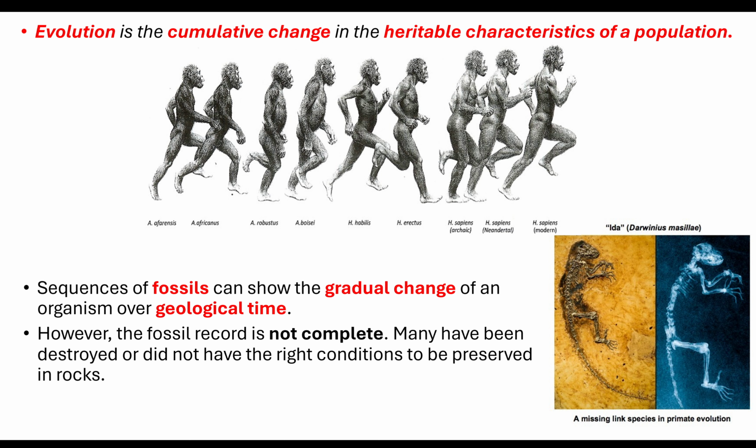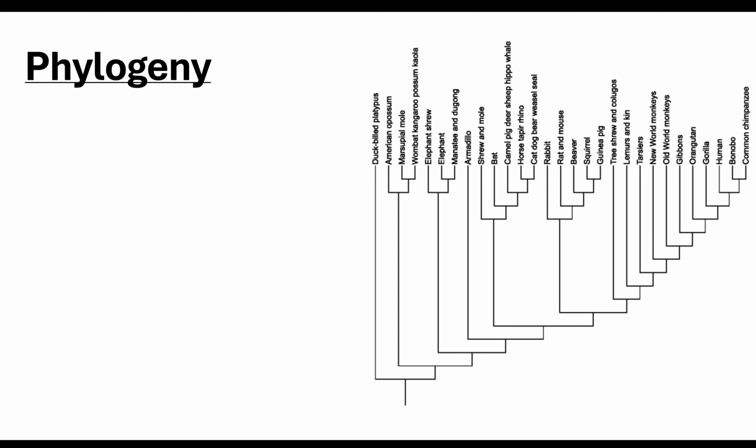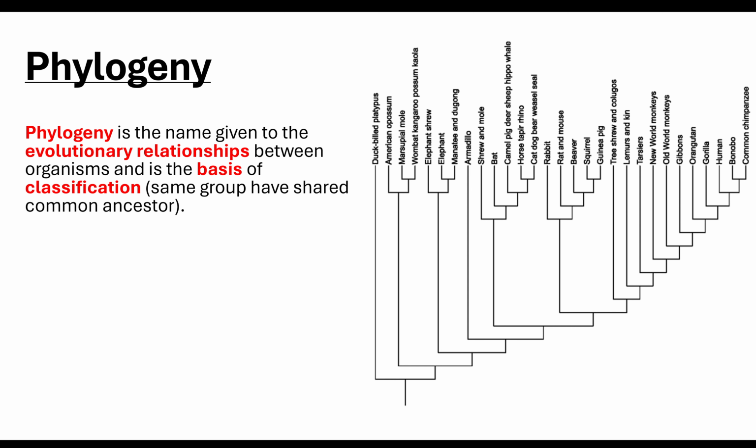In other cases the conditions were not right to preserve the organism in the rocks: if the organism decayed too quickly or was soft-bodied, then we don't have that evidence to look at. But what we try to do is piece together the evolutionary relationships of organisms, and we call that phylogeny. Phylogeny is the name given to the evolutionary relationship between organisms, and it's the basis of classification.